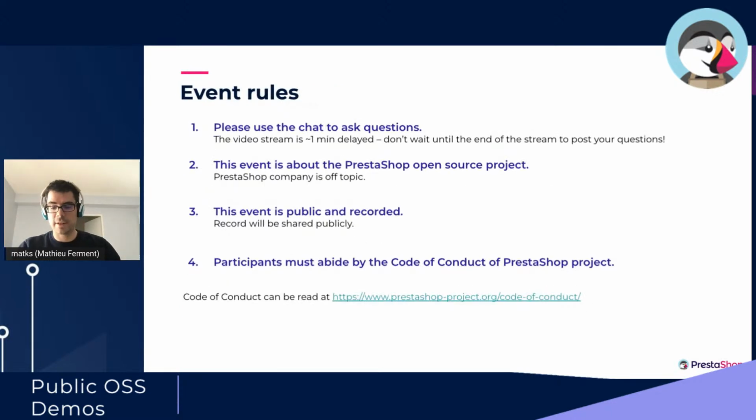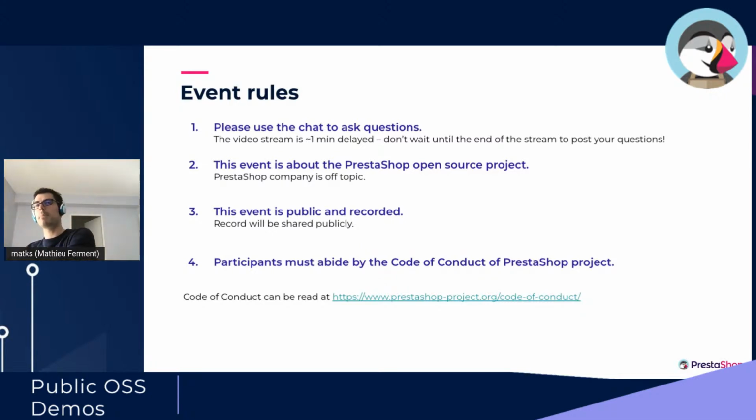So, as mentioned, the event rules are always the same, but it's important to mention them again. Please use the chat to ask questions. The video stream is a little bit delayed, so if you write something now and we answer now, you will only get the answer in a few seconds, but we'll deal with that. This event is about the PrestaShop open source project.